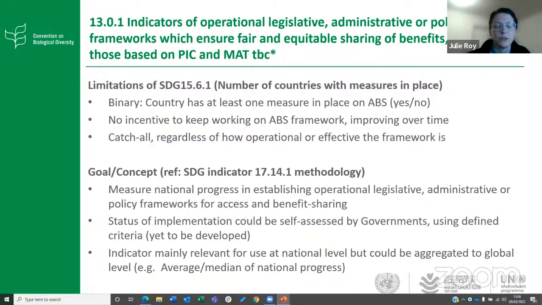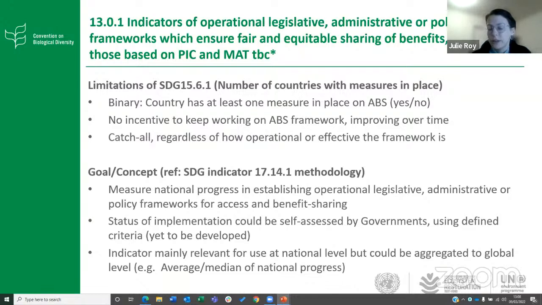And so that brings us to this indicator and how we have an opportunity to really make something that could be more useful at the national level. So the concept proposed for this indicator at this stage is a self-assessment that could be carried out by governments using a set of criteria, and that's why you see indicators plural.